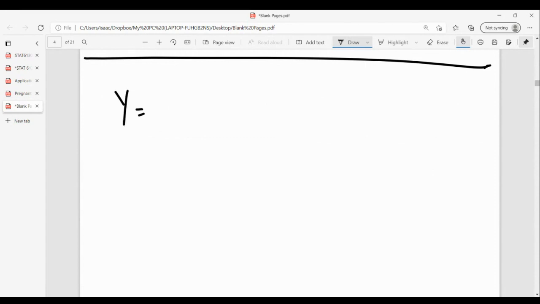So say y is equal to beta 0 plus beta 1 x1. So we're looking at R squared adjusted, right? Most books don't use R squared A, they use R squared ADJ. So the ADJ means adjusted.